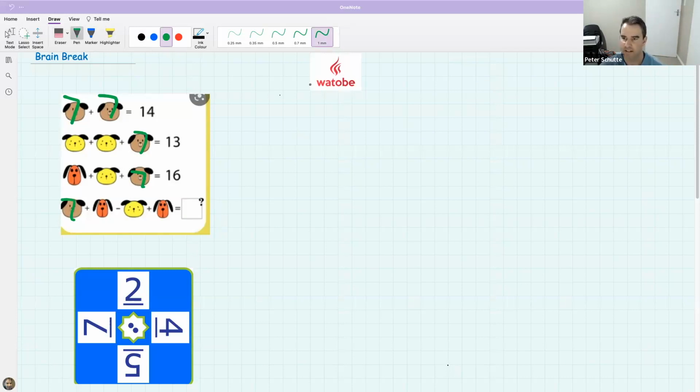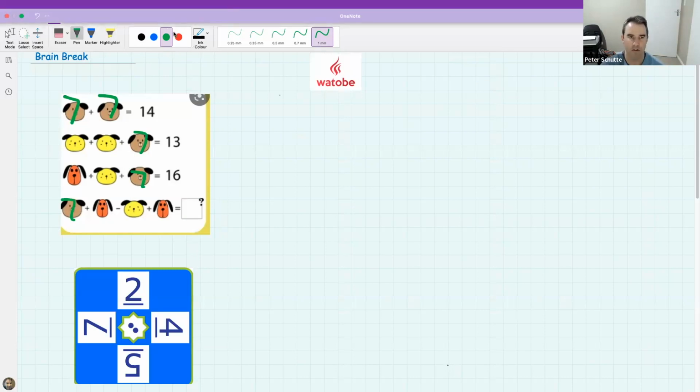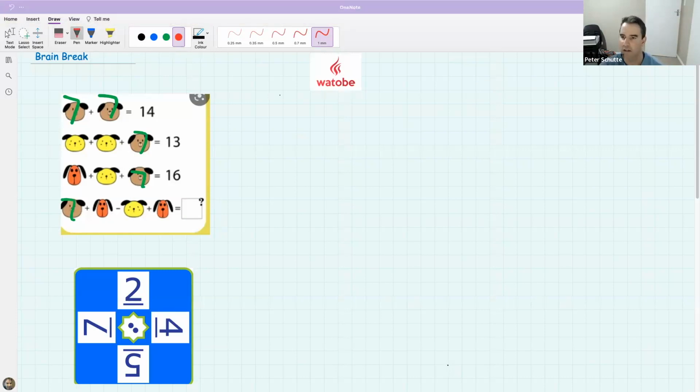Sandile has said 19. I don't know what the answer is yet. So 16, 22, 4. Well, I think the yellow dog is 3. And then 7 plus 3.